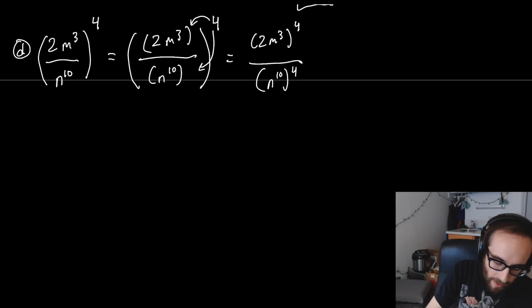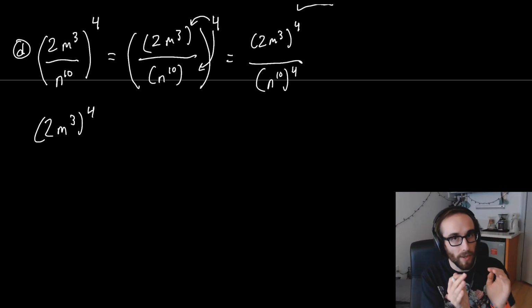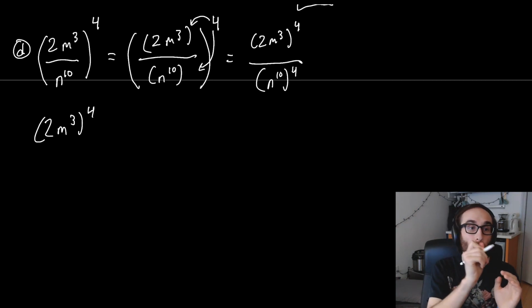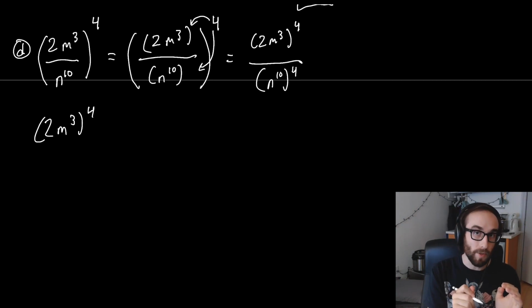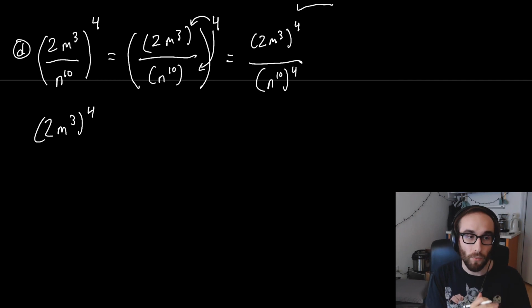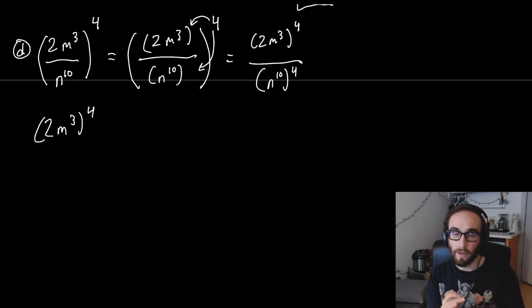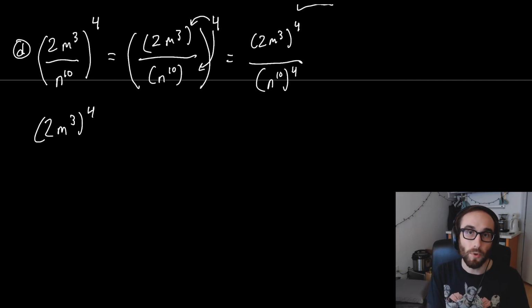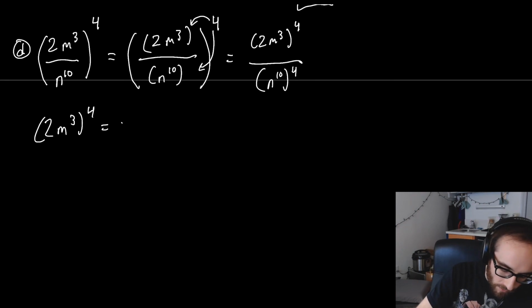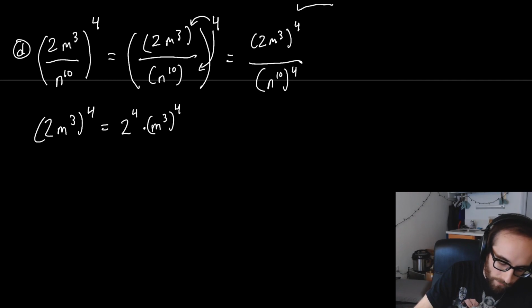Okay, first let's take a look at our numerator. So here we have 2 times m to the third to the 4th. As we saw earlier in this video, if we have parentheses, that means the 4 is applying to both the 2 and to the m to the third power. So we need to make sure that we raise both the 2 and the variable m to the third power to the 4th power. So 2 to the 4th power times m to the third power to the 4th power.